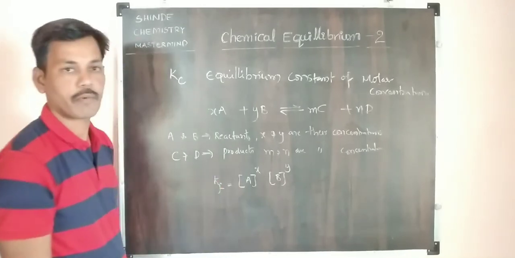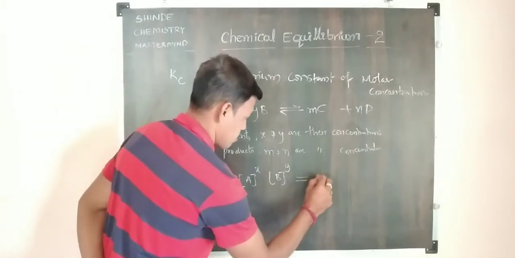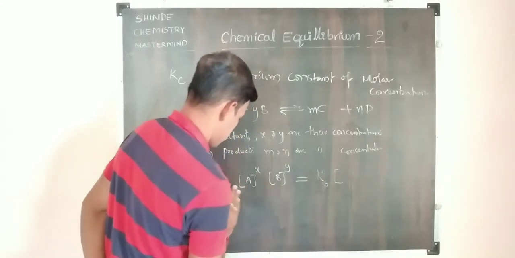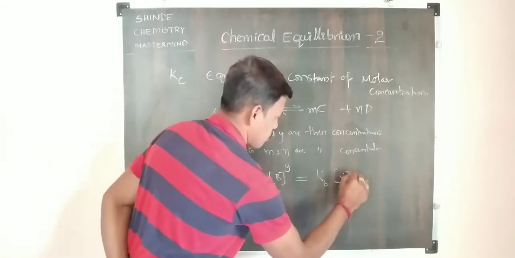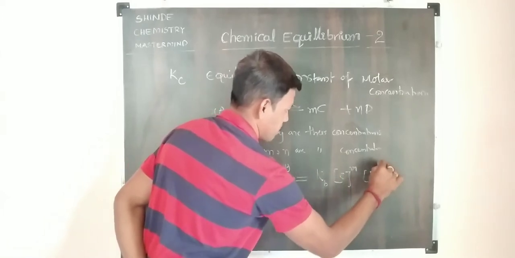Kf is equal to A to the power of X, B to the power of Y, that is equal to Kb, C to the power of M and D to the power of N.